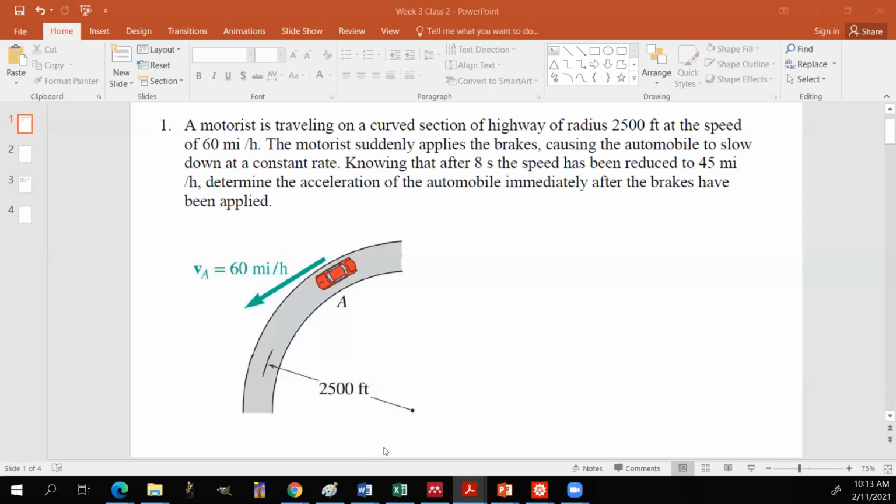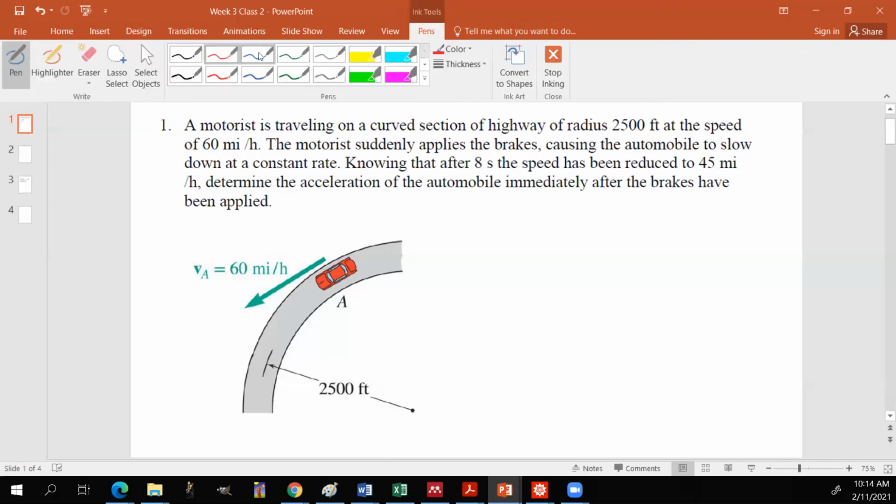So the first thing to do is define the coordinate system for this car. You have your principal normal direction, which points inwards towards the radius, and then your tangential direction, ET, like that.